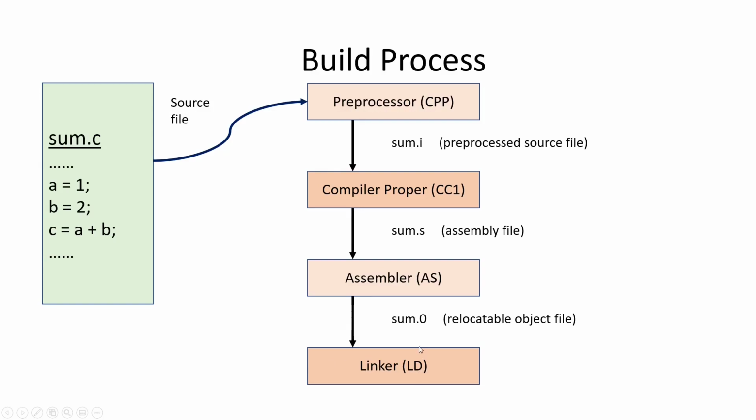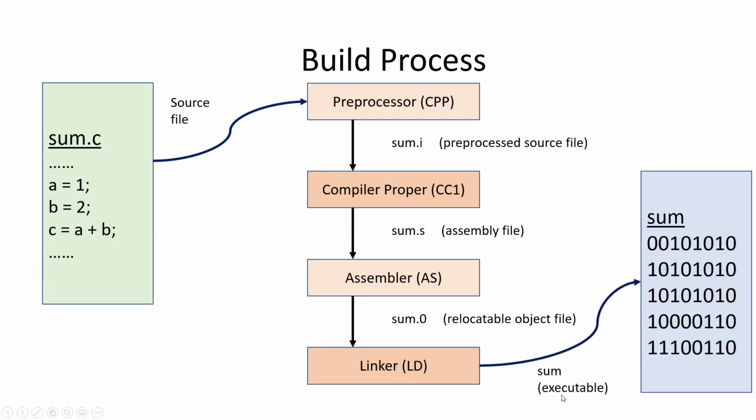But this is going to go and grab all of the object files, sum.o, or if I've included something else, like something from the standard library, it's going to go get the object code for that and merge them together to finally create the executable. And this is typically without an extension. No reason you couldn't put one on there, but typically without. And this is going to be binary code that's able to run the entire program.